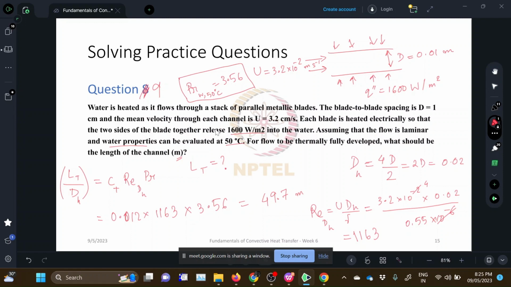We have the hydraulic diameter here as well. Sorry. So this is LT by DH. LT would be this 49.7 multiplied by the hydraulic diameter, which is 0.02. It becomes 0.99.